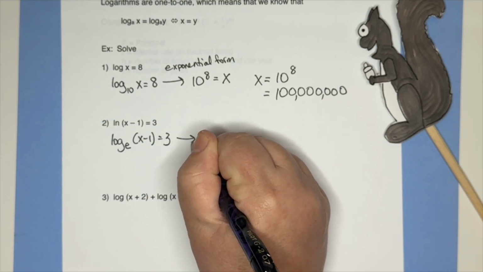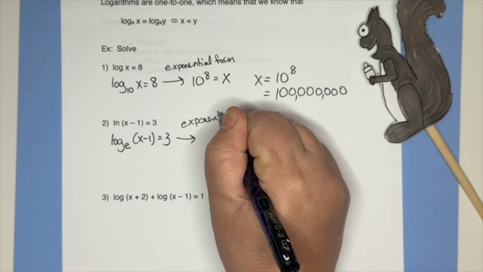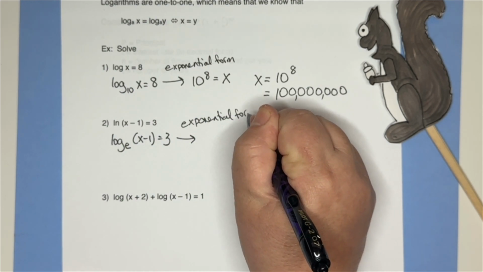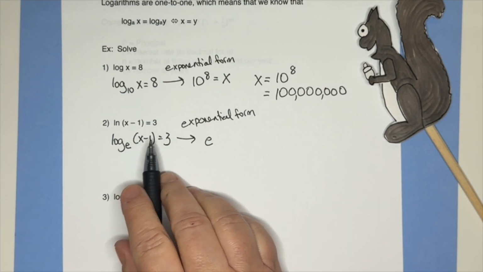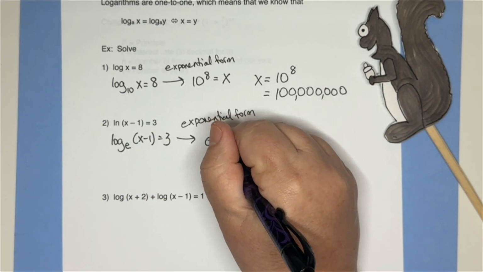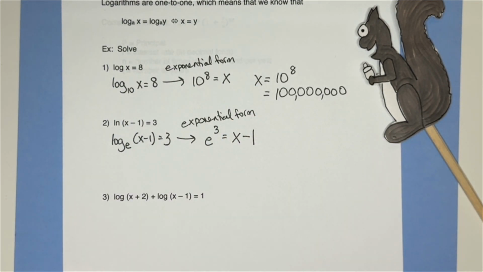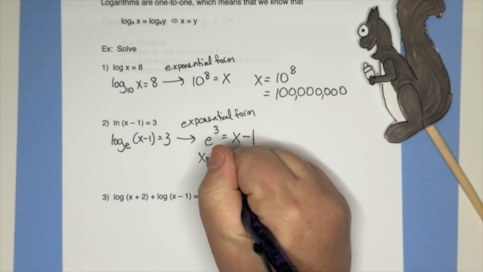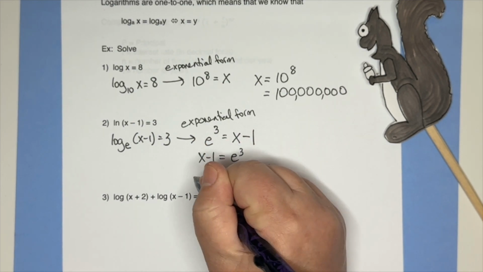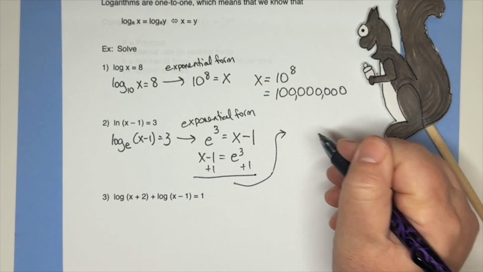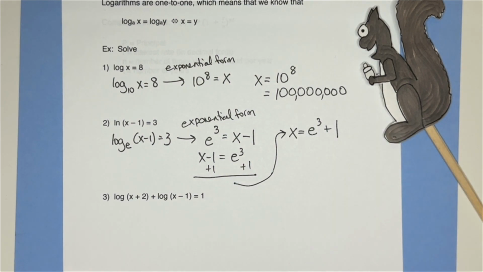Again, I'm going to convert it to exponential form by writing it as e, start at the base, go across the equals, cubed equals x minus 1, come back to that, so x minus 1 equals e cubed. Then I just add 1 to both sides, and I get x equals e cubed plus 1.